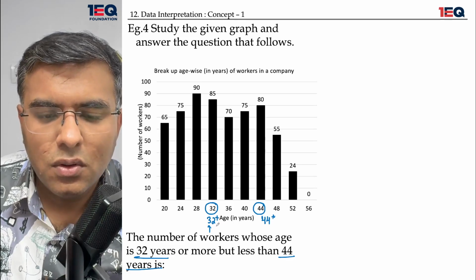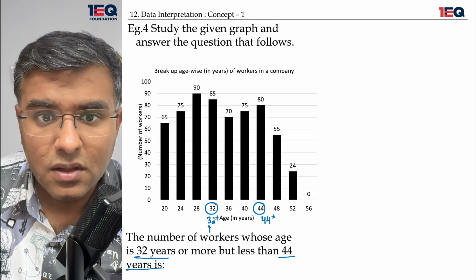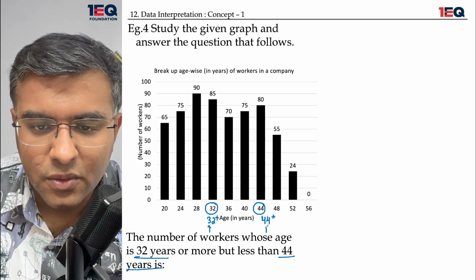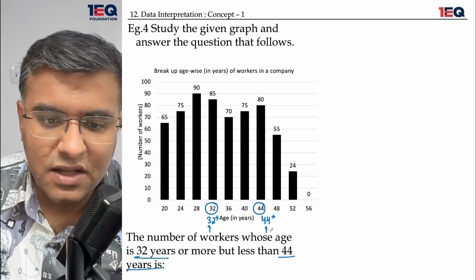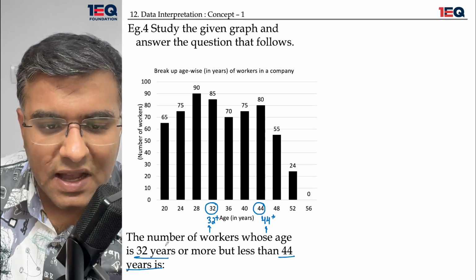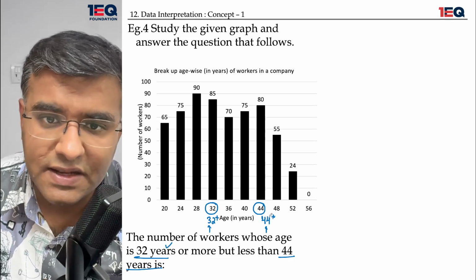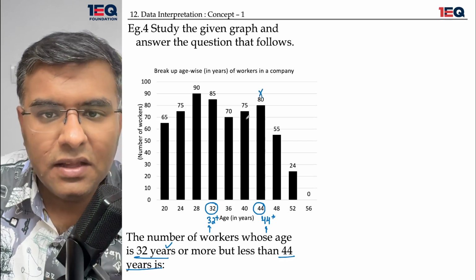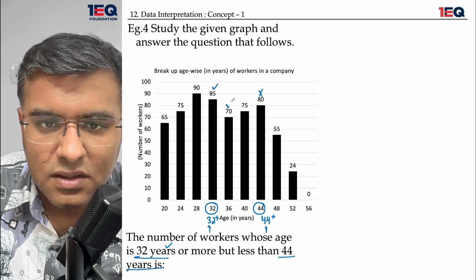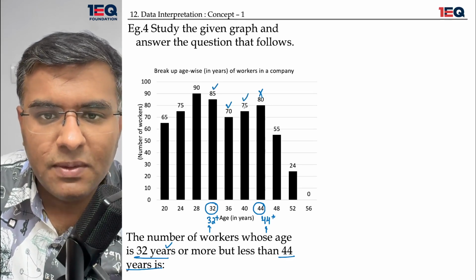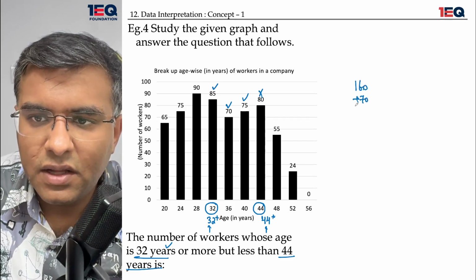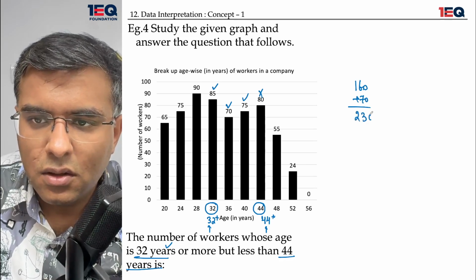I would say yes, 32 is included over here. Is 44 included over here? I would say no. 32 years is acceptable but 44 years is not, so I will not be adding this. But 32 is acceptable, so I will add this and this. So 80 plus 70 is 150, 150 plus 10 is 160, 160 plus 70 gives me the answer as 230.